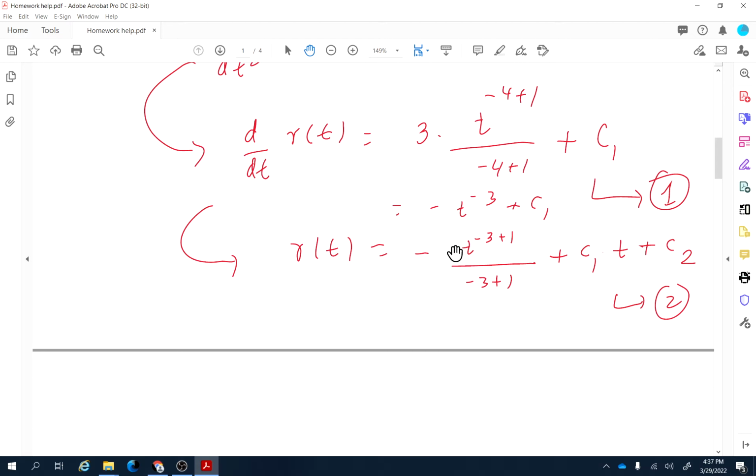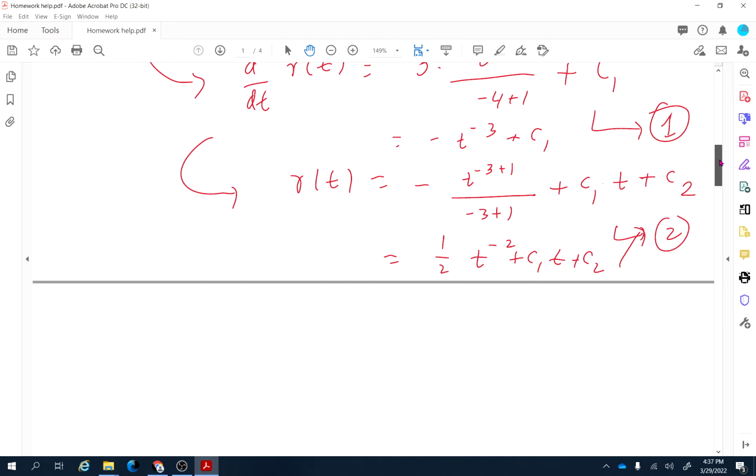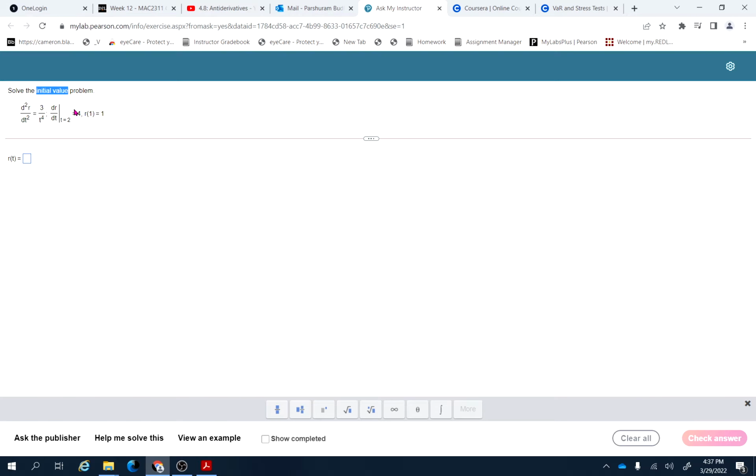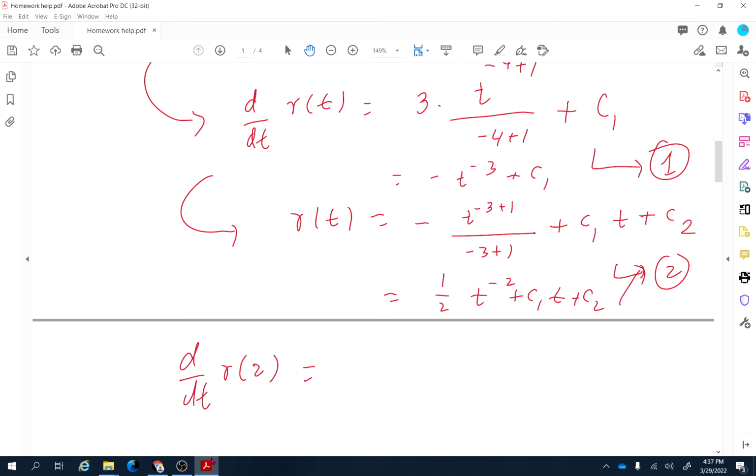Okay, so let's simplify this one. If you simplify the second part, negative 2 negative becomes positive, so it will be 1 over 2 t to the power negative 2 plus c1t plus c2. That's our equation 2. Now let's use the initial condition. The value of the derivative of r when t is 2 is equal to 4.